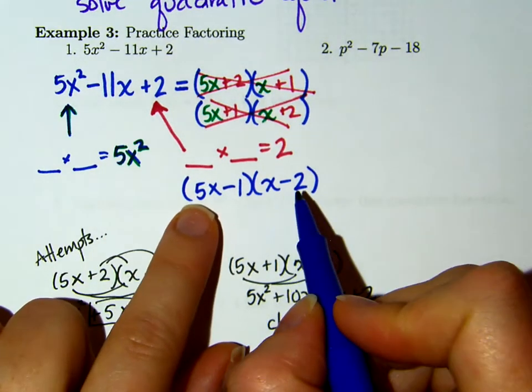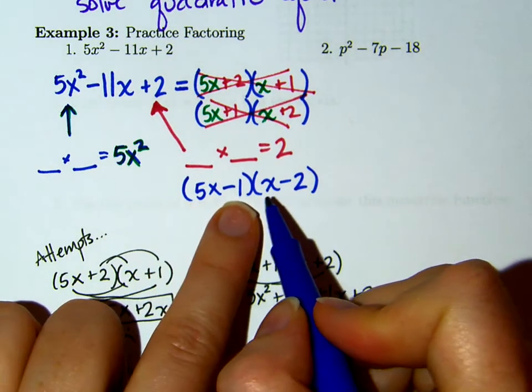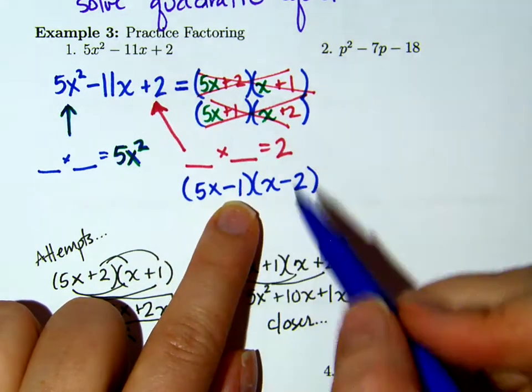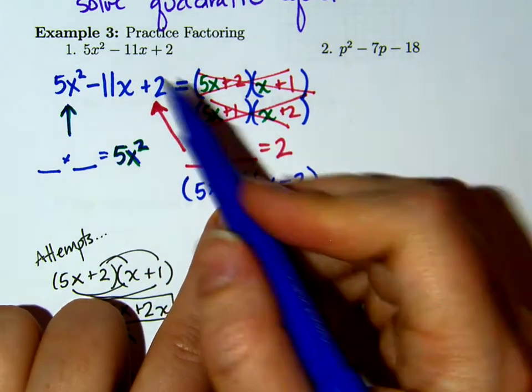We have 5x squared minus 10x minus 1x, so minus 11x, and then -1 by -2 is +2.